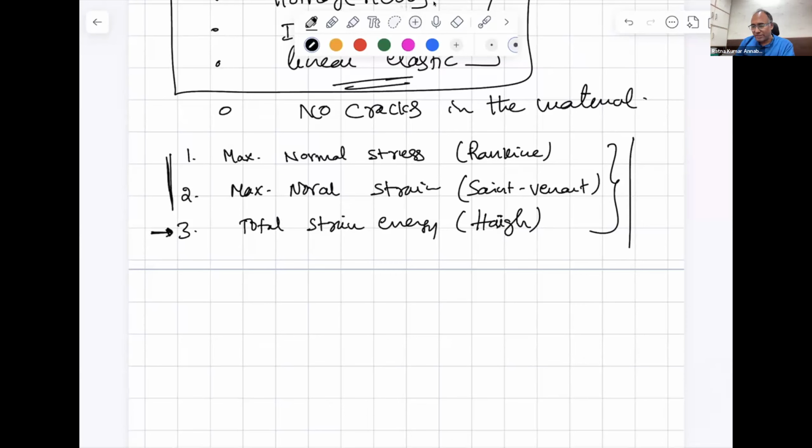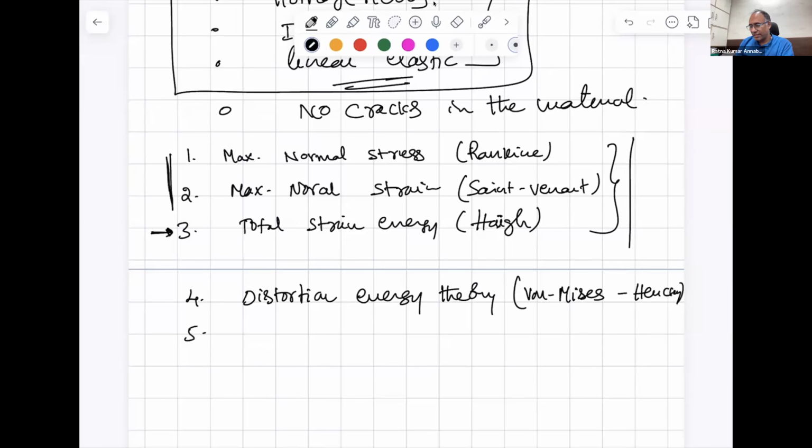Then people came up with new theories. The fourth theory is what we call distortion energy theory, or it is also called von Mises-Hencky theory.